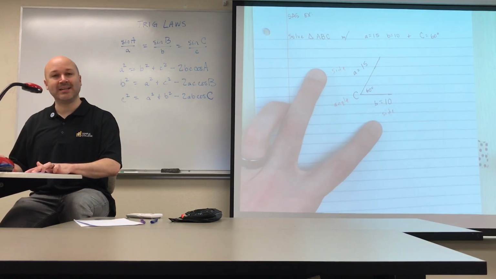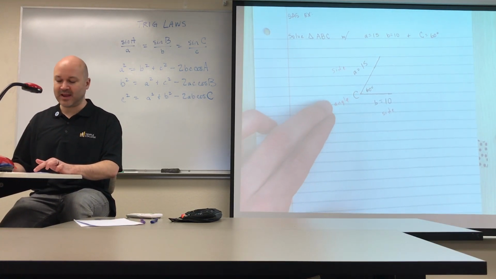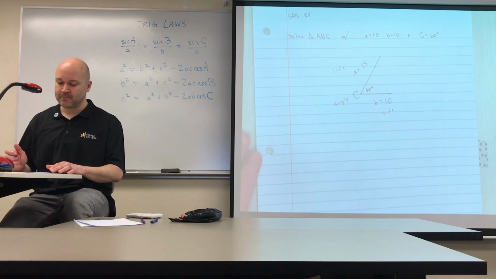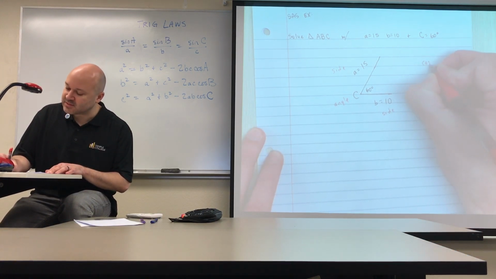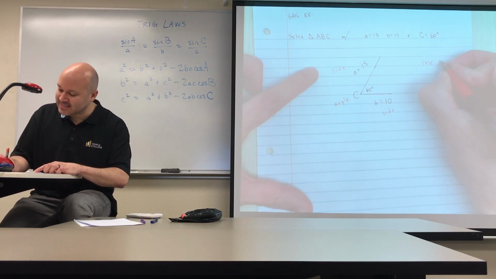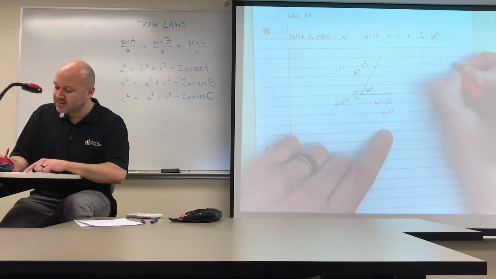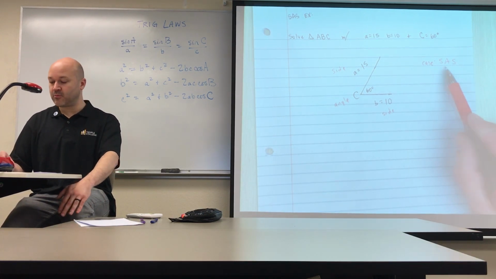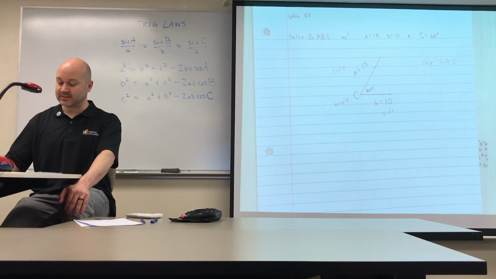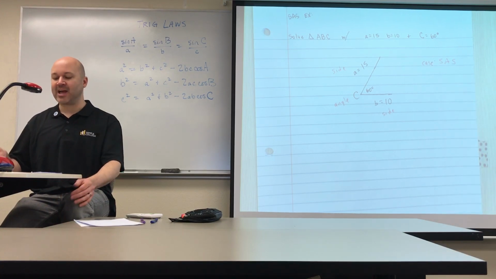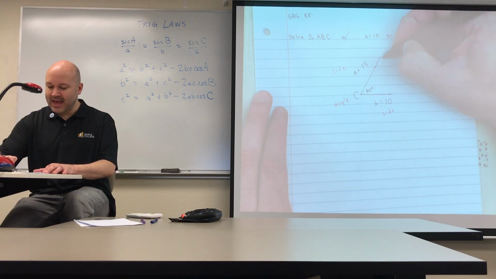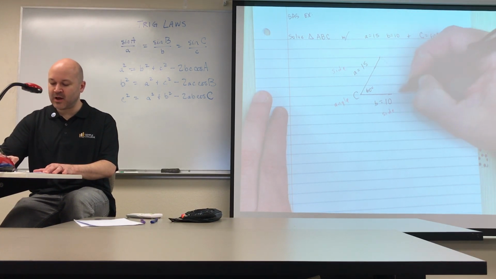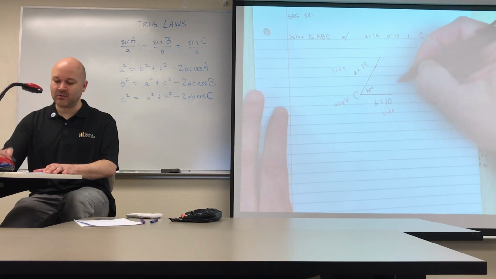Or 2 sides and their included angle. That angle is between those 2 sides. So this scenario that we're in is the side angle side case. Written both frontwards and backwards the same. SAS. I do not know angle B. I do not know angle A. And I don't know little c.